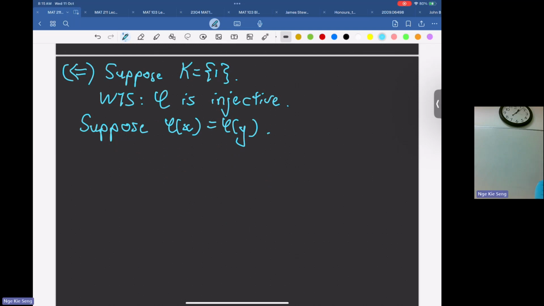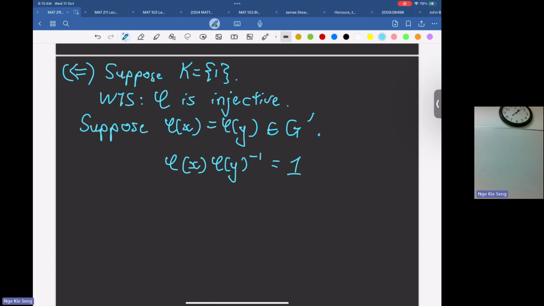Phi x and phi y are elements in where? In G prime. G prime is what kind of set? A group. So if G prime is a group, how can we play around with this equation? We can put the inverse on both sides, inverse of phi y, for example, which is the cancellation law.